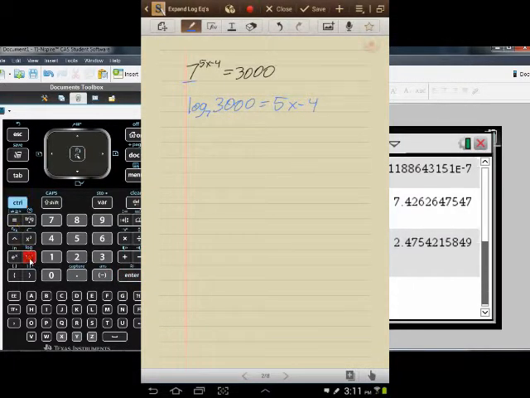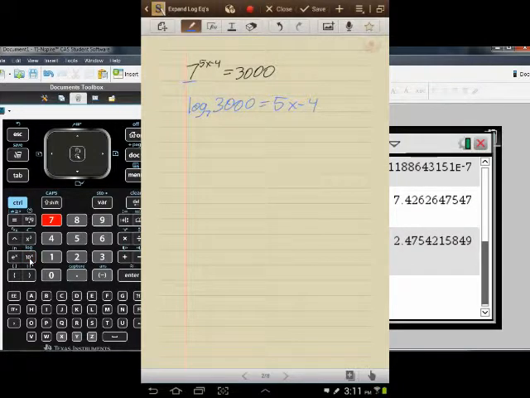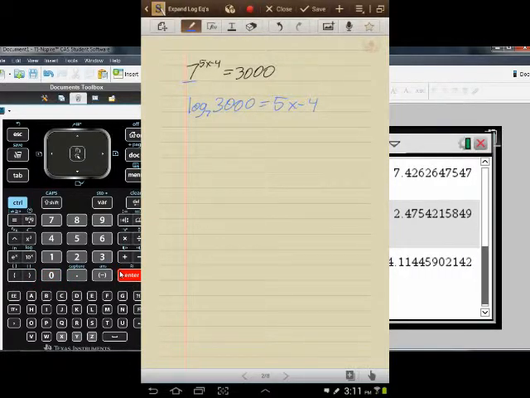Use the calculator: log base 7 of 3,000. Again, I'm going to round it off on my paper, or on the screen here, so that I can keep track of my work. When I do my calculations on my calculator, I'm leaving that full answer in there.